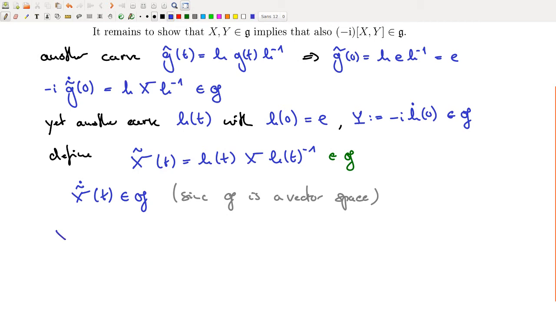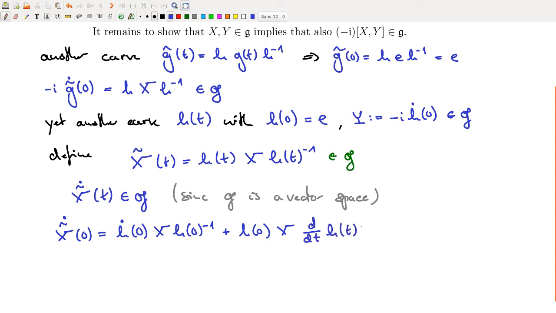Okay, what is X tilde dot at 0? Well, product rule, that's h dot at 0 times X times h of 0 inverse plus h of 0 X, and now we have to take the derivative of this at 0, so let's write this out maybe like this.